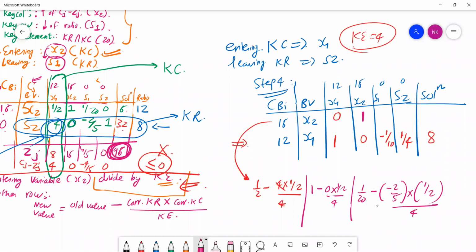Key element is 4, so it will be cancelled out. Then it will be 1 by 20 minus, minus 1 by 20, so 1 by 20 plus 1 by 20. So 2 times 1 by 20, it's 1 by 10. So I will be writing 1 by 10.